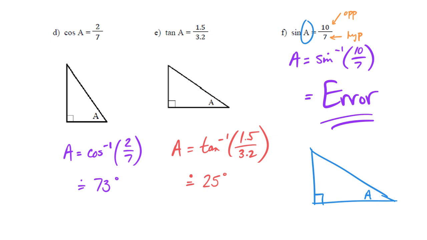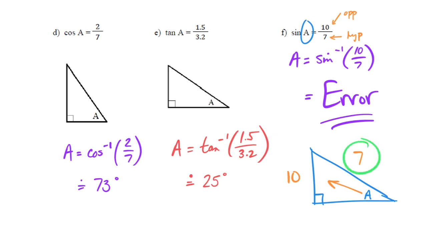Well, if I went and labeled my triangle right now, the opposite side to angle A is 10, my hypotenuse is 7, and I think for some of you, just me reading that aloud might make you go, hold on, I think we have a problem. And we do. Look at your triangle.